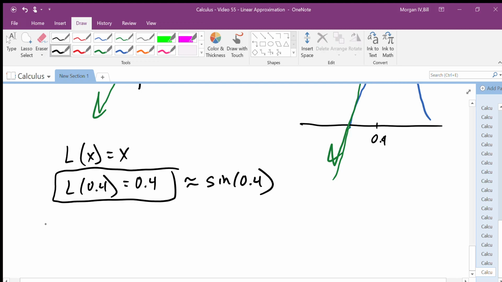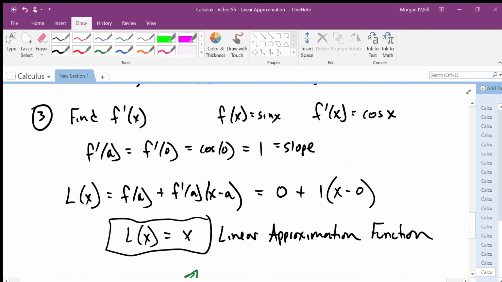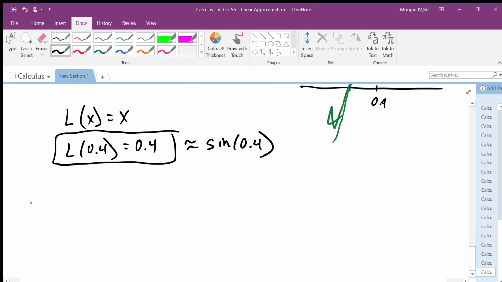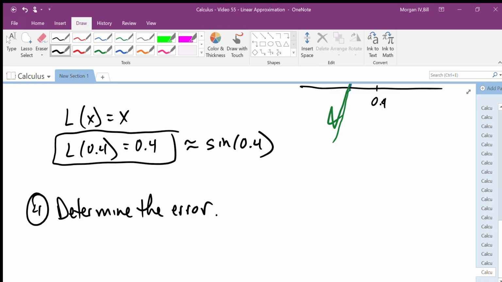What we want to do now is, I don't know what step I'm on. Step 4 is determine the error. Okay, it's kind of like, oh, here's your calculator back. Now let's actually find out what the sine of 0.4 is and see how close that linear approximation was.